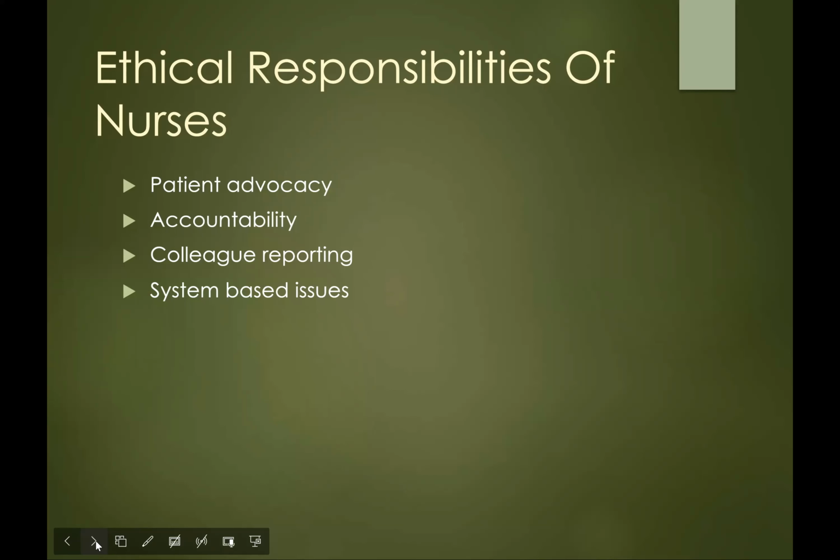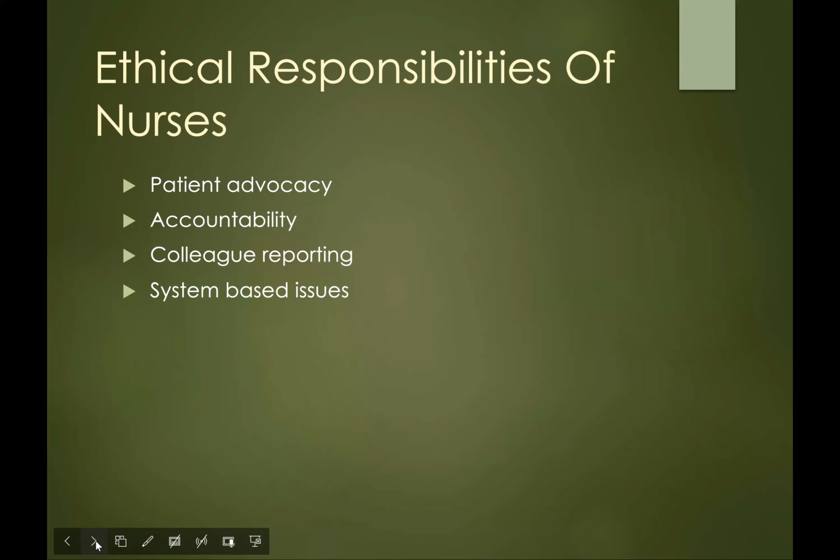The nurse promotes advocacy for and protects the rights, health, and safety of the patient. So that's the advocacy role. You all definitely need to know what an advocate does or what it means. You definitely need to know that.